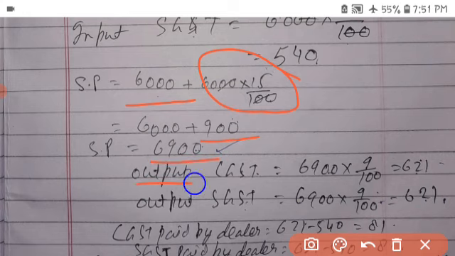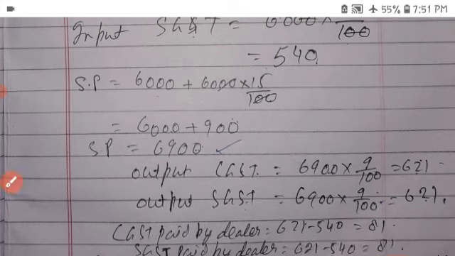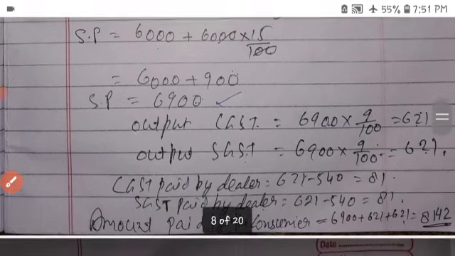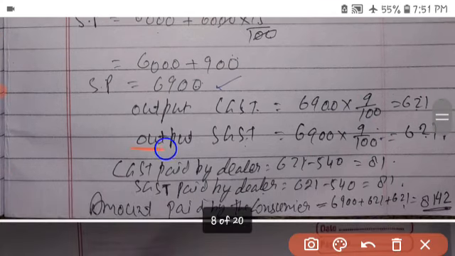So output CGST is 6,900 into 9 upon 100. Two zeros cancel here. Now 69 nines are 621. Output SGST is 6,900 into 9 upon 100, two zeros cancel here, 69 nines are 621. CGST paid by the dealer is 621 minus 540, which is 81.